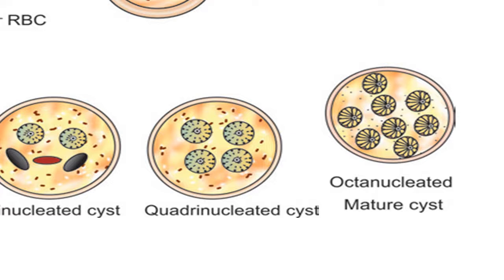And another thing, sometimes in Entamoeba histolytica we can see chromatoid bars, 1 or 2 chromatoid bars, but we cannot see them in Entamoeba coli. These are the main features of Entamoeba histolytica and Entamoeba coli.